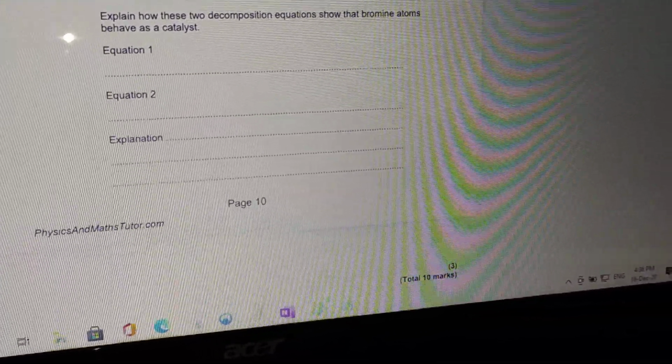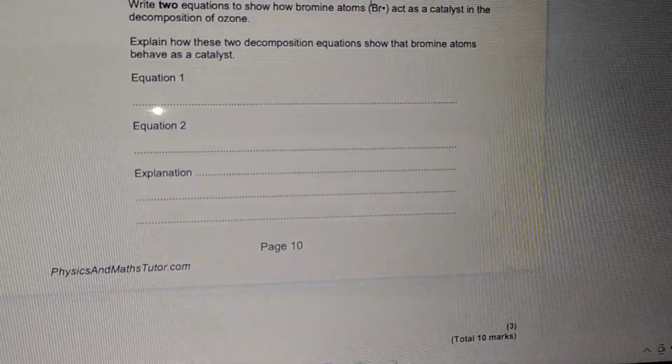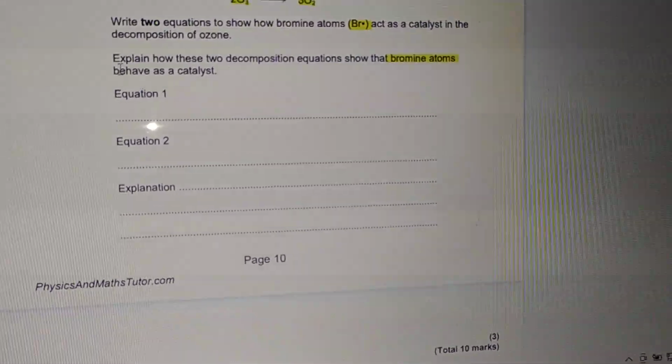Now again, they've given you this reaction in front of you. Immediately you have to write how, and then they've given you the bromine free radical.